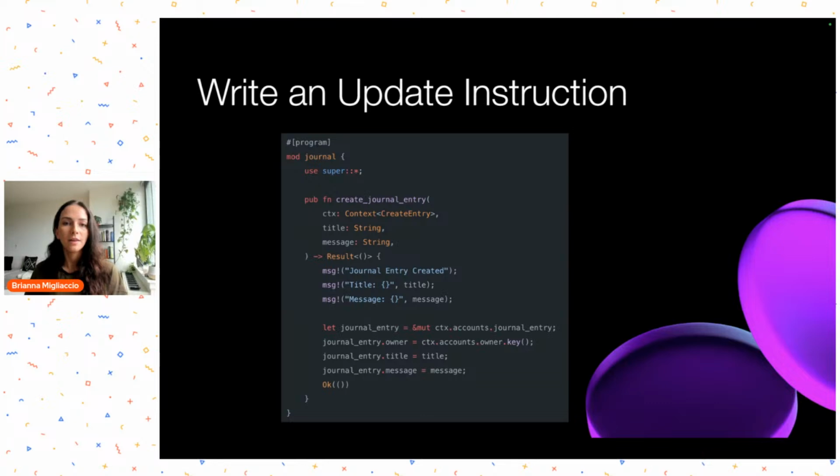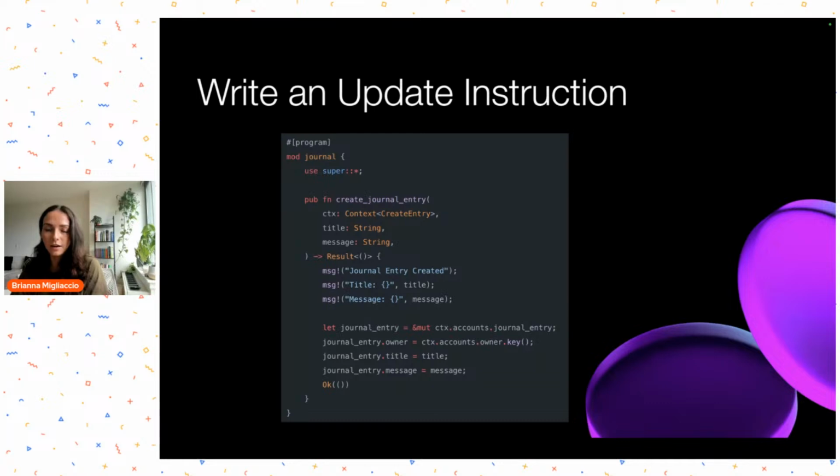So you're making the variable mutable here. Your journal entry is mutable when you load in the account state. And then you're able to update the owner field, the title, and the message field based on parameters that are passed through the instruction. So everything that happens within the instructions in Anchor is pretty simplified.